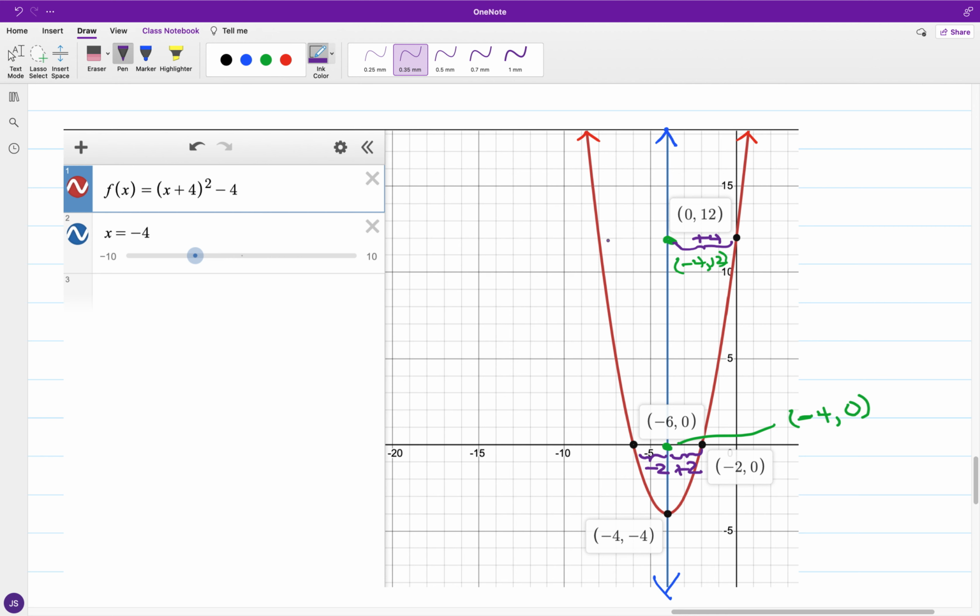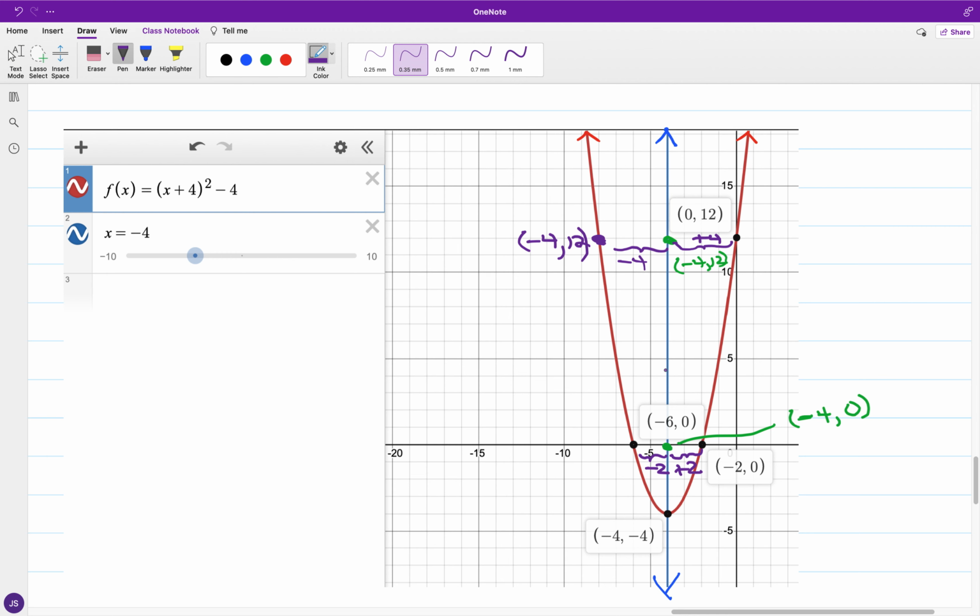And if I were to attain the fifth point, that which is level with the y-intercept, I can go 4 spaces to the left, shifting over 4 units. So the fifth point is (-8, 12).